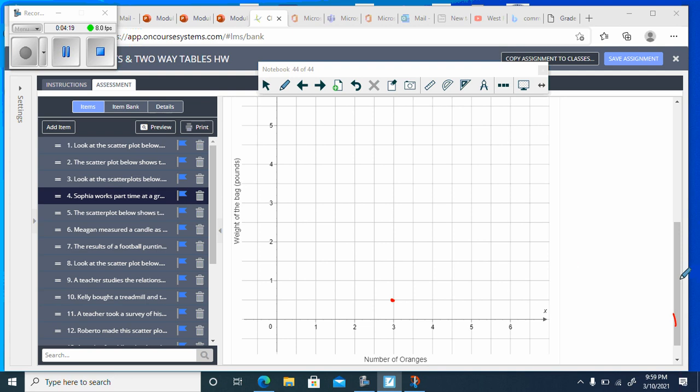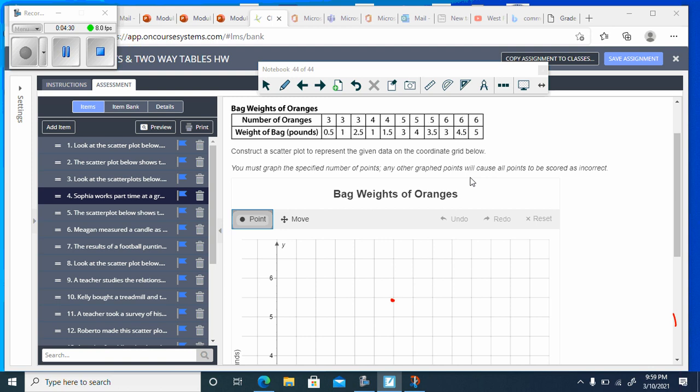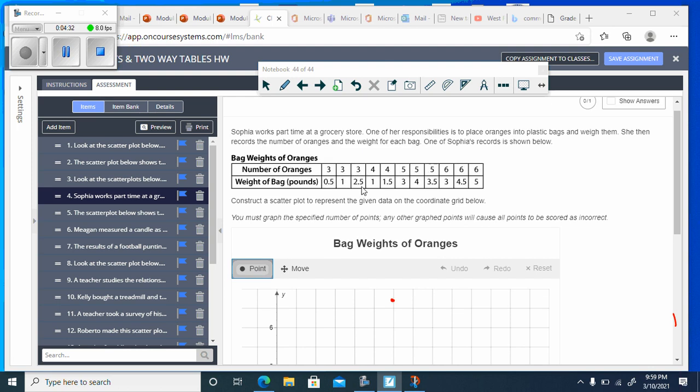I have to go back up to look to get my other numbers. Three oranges, 1 pound, 3 oranges, 2.5 pounds. So let's do that.